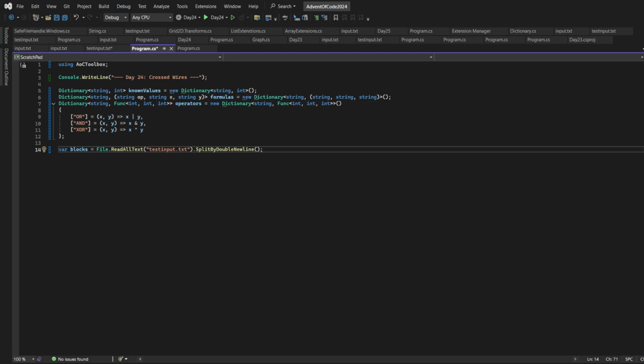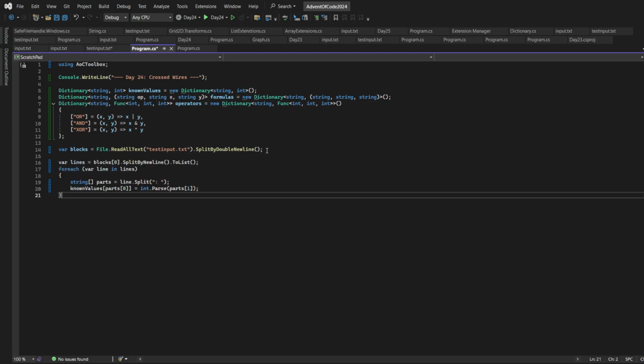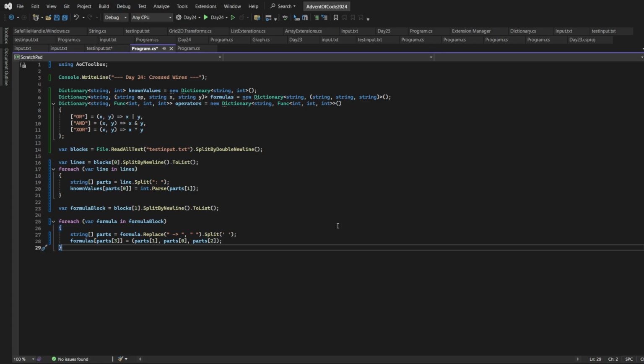Then we will first take our known values and parse them. Then we will take our formula block and parse that.